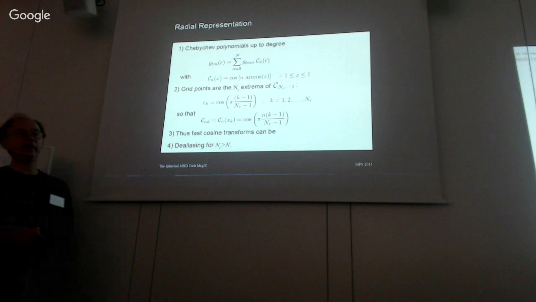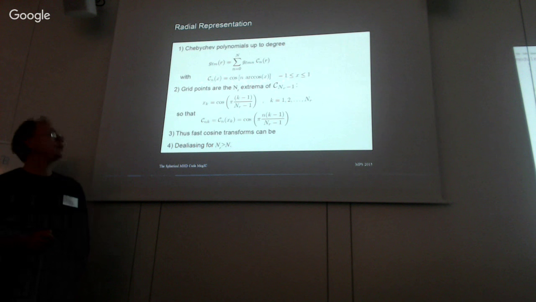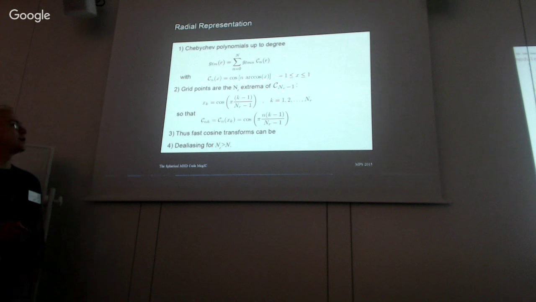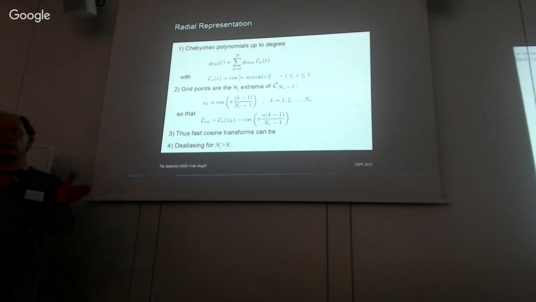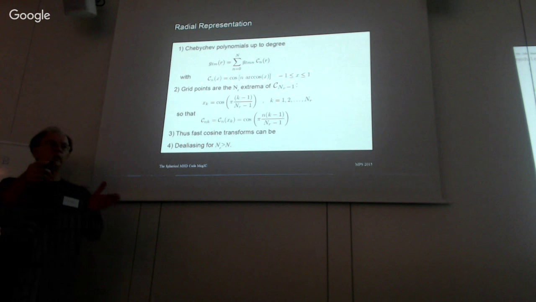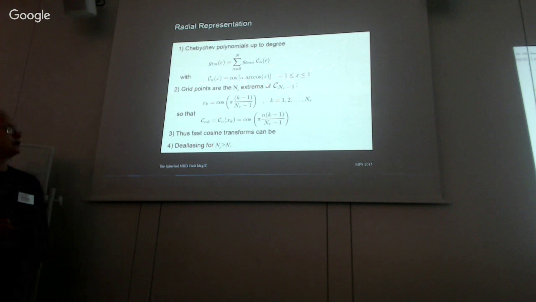You can think of this like cosine theta, which varies between -1 and 1, but it's actually radius. So somehow you have to map your radius, which goes in the code from the inner boundary radius to the outer boundary radius, to a space which goes from -1 to 1. That's a simple map. You just map that by renormalization of derivatives, and then you can use these Chebyshev polynomials.